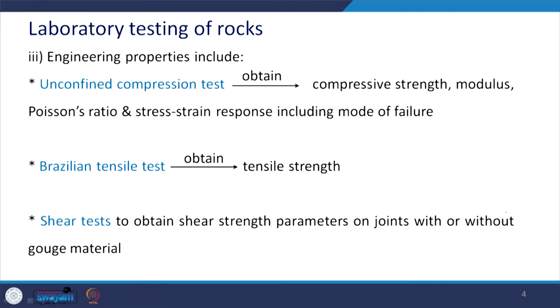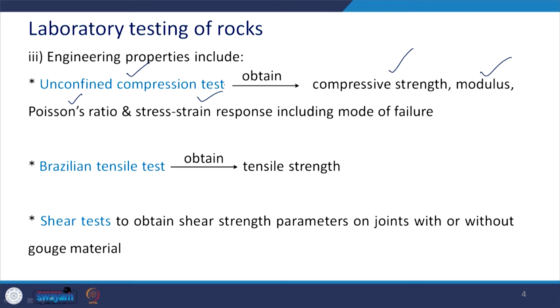Now, the engineering properties of the rock include the testing towards the determination of the engineering properties. The first one is the unconfined compression test. By conducting this test, we can obtain the compressive strength, modulus, Poisson's ratio and stress-strain response, including the modes of failure.